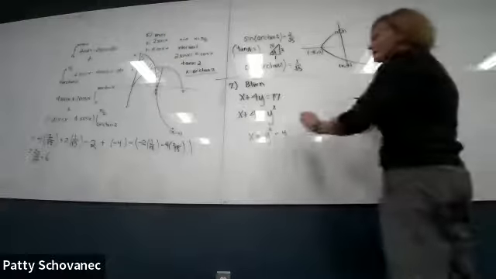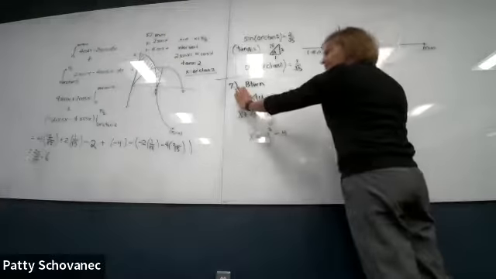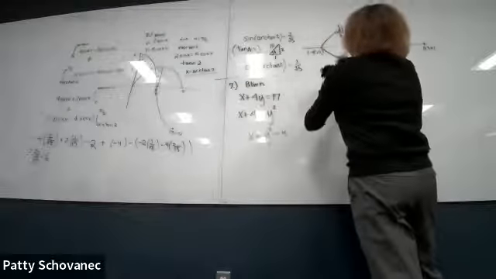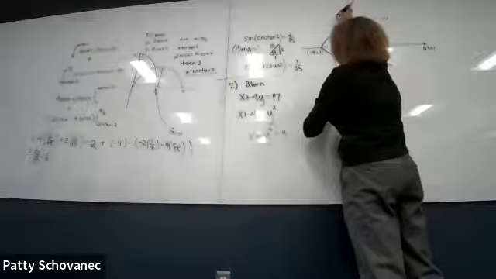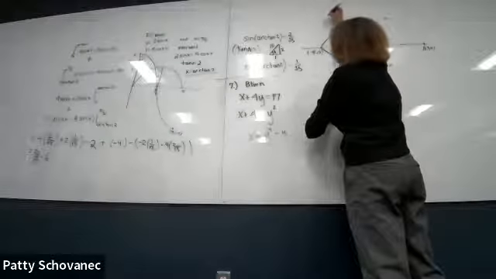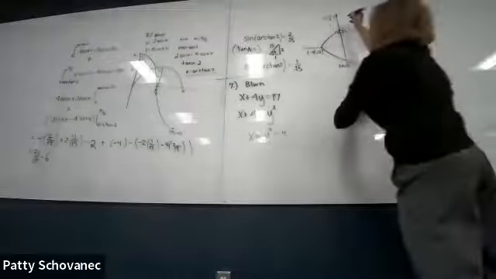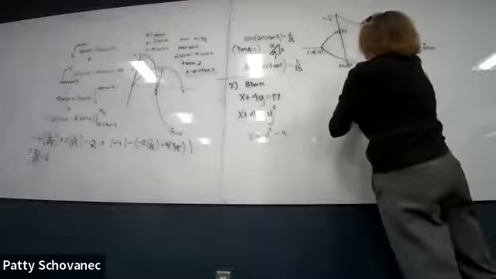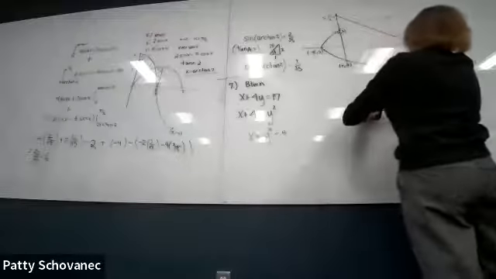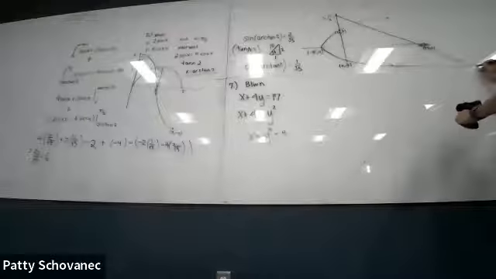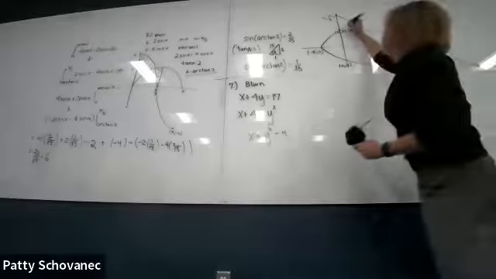And when x is 0, y is 17 over 4, which is 4-ish. I think the line goes down to there. Okay, so I missed. It's 2 points of intersection that we're going to need.